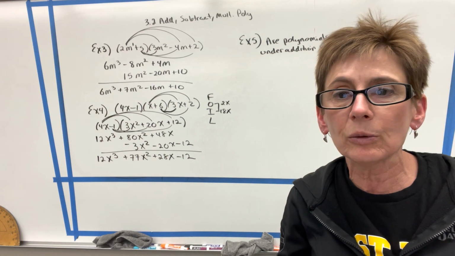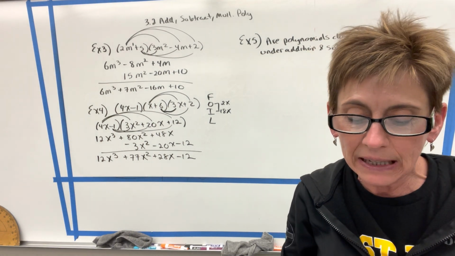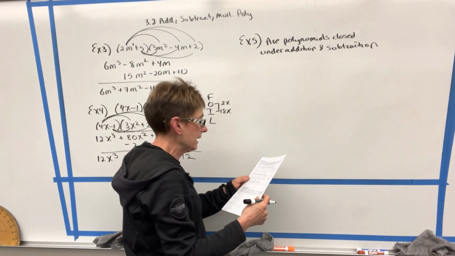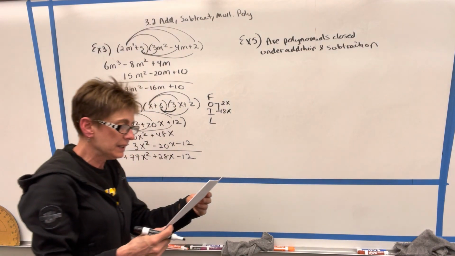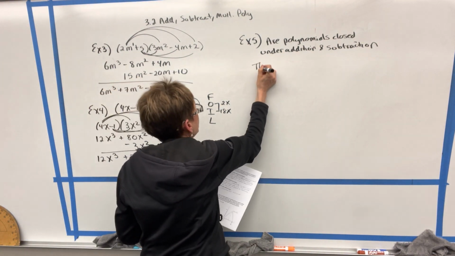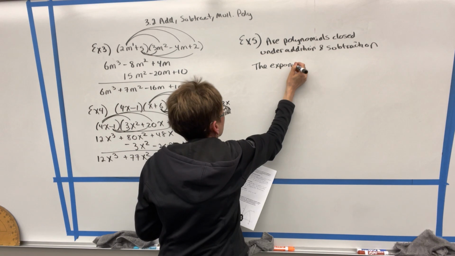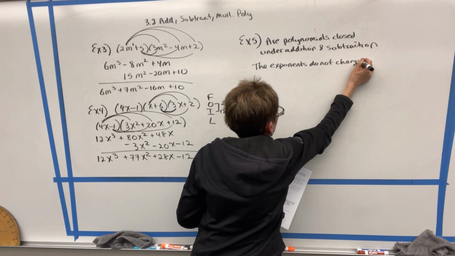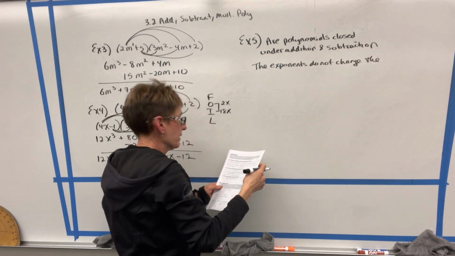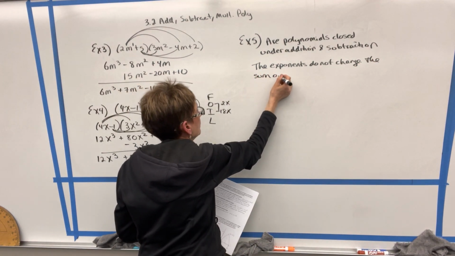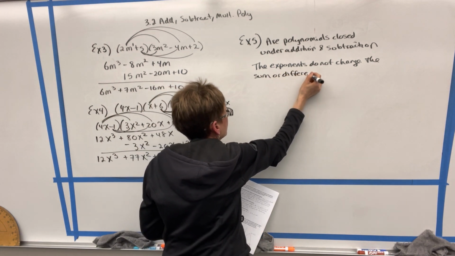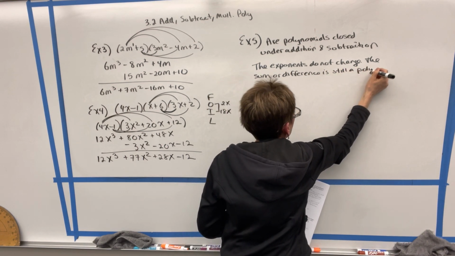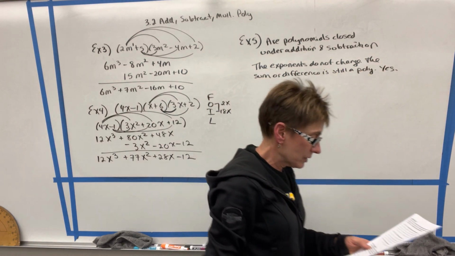If we add 2 polynomials, we'll get another polynomial. If we subtract 2 polynomials, we'll also get a polynomial. So we can say, let's see here, the exponents do not change. The sum or difference is still a polynomial. So yes, it would still be closed.